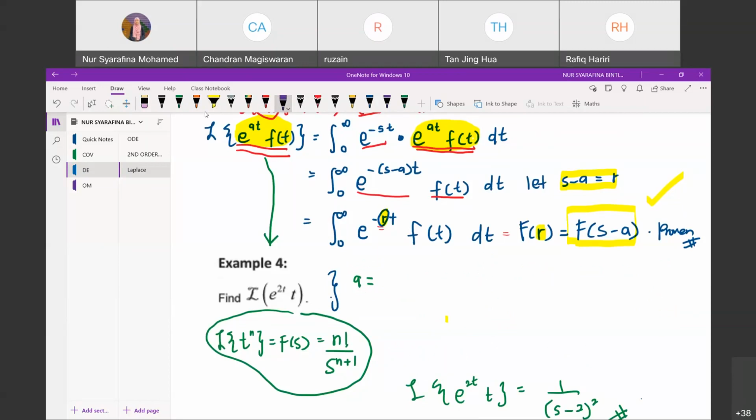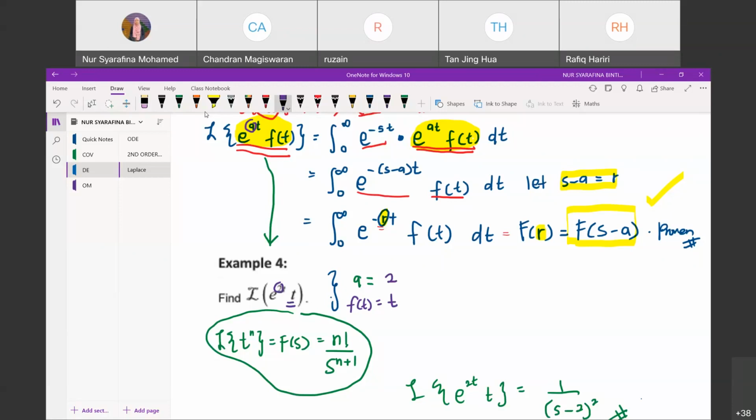According to the general form of the first shifting property, what is your a? This is a, so a equals 2. Then your f(t) equals t.